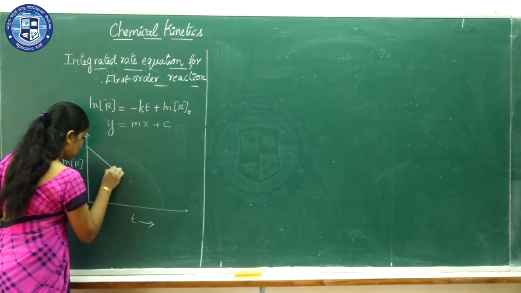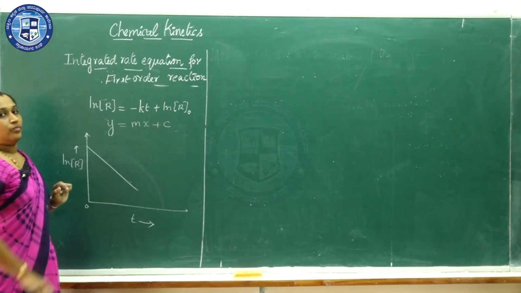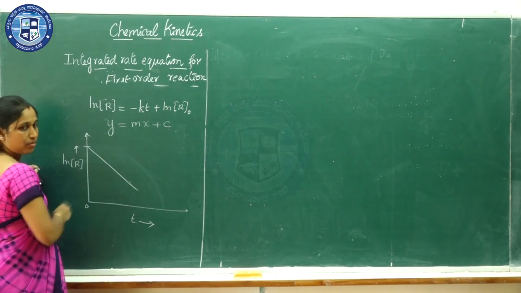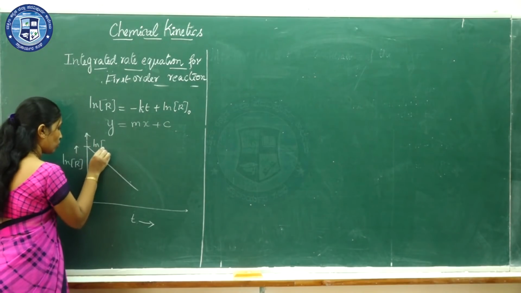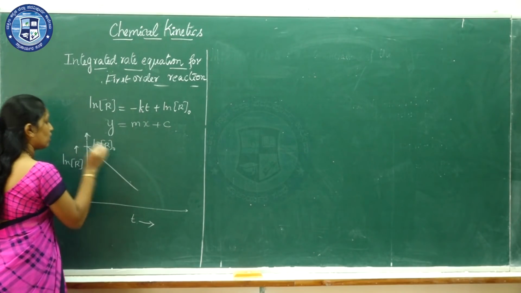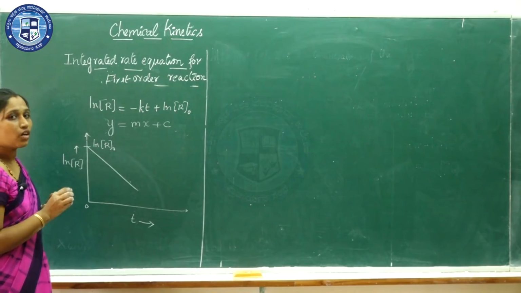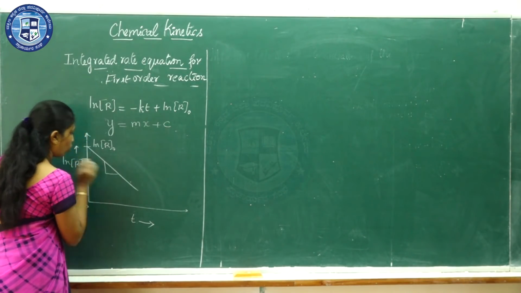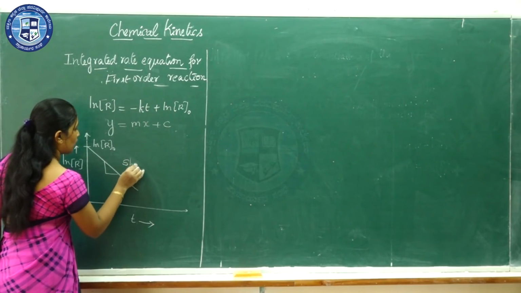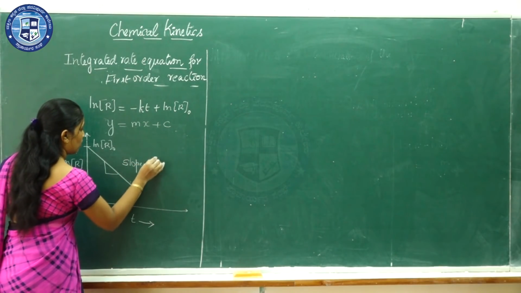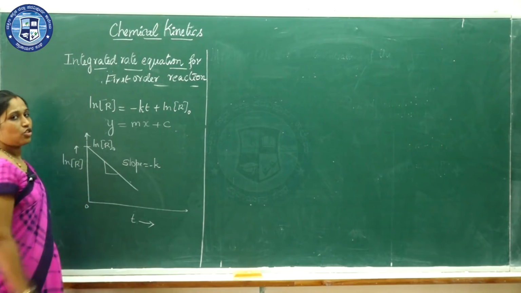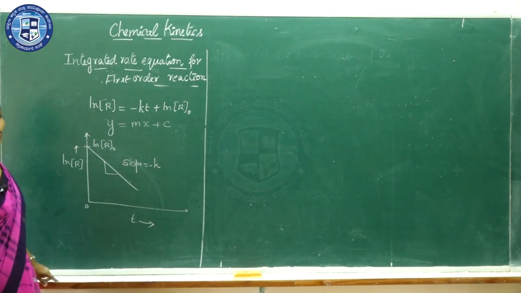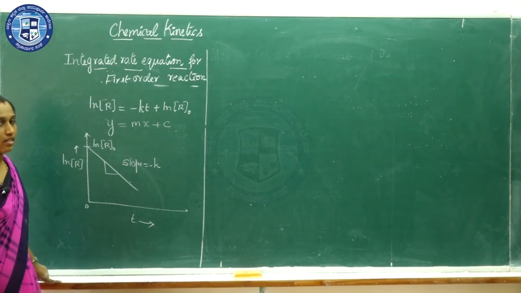From the intercept you will be able to find R naught, that is the initial concentration. Then from the slope what you will be getting? Minus k. So, you can just rearrange. Okay, so this is about one graph which is discussed.